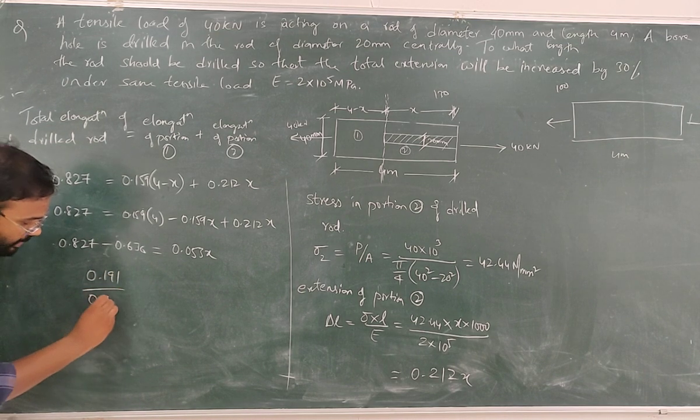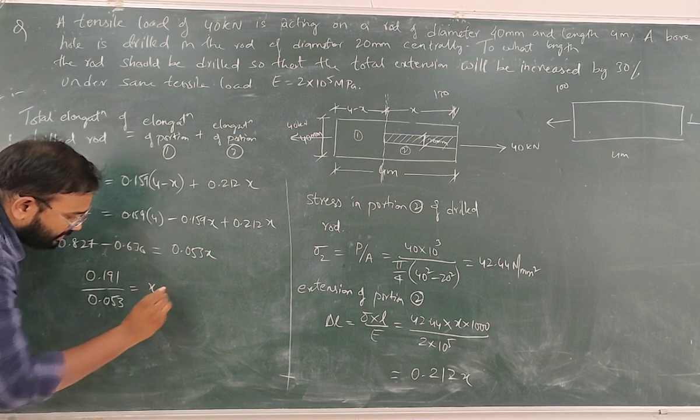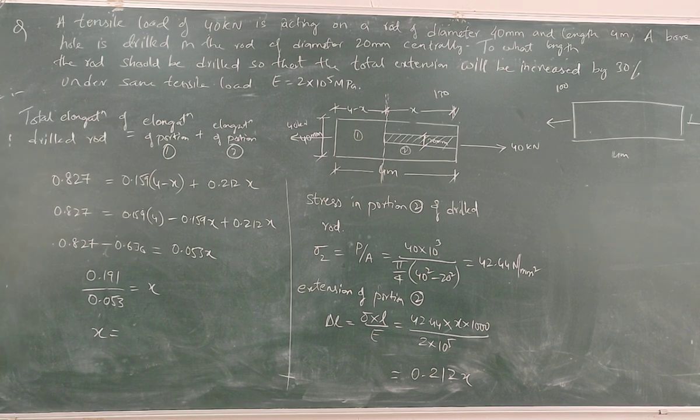So 0.191 by 0.053 is equal to x. Tell me what is x. 0.191 divided by 0.053. Sir, 3.60. Please check this one. 0.191, is it correct? Yes, sir.